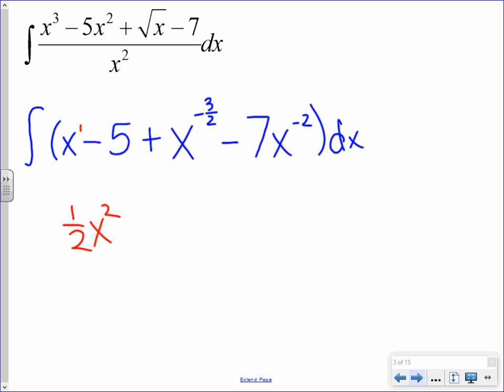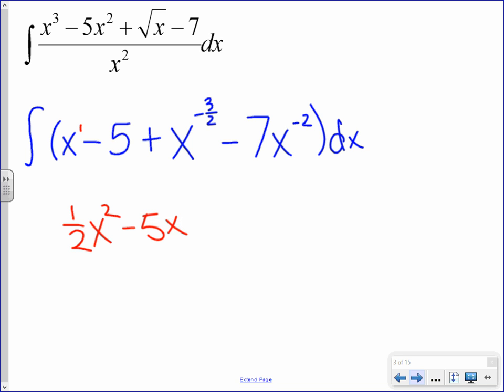Okay. Negative 5. What's that antiderivative? 0 would be its derivative. -5x would be its antiderivative. Good. Let's see.